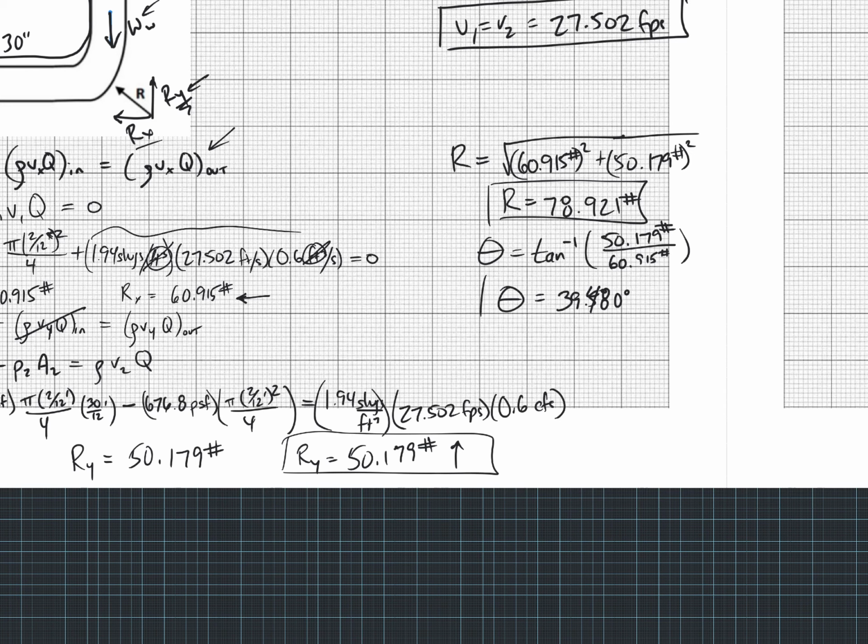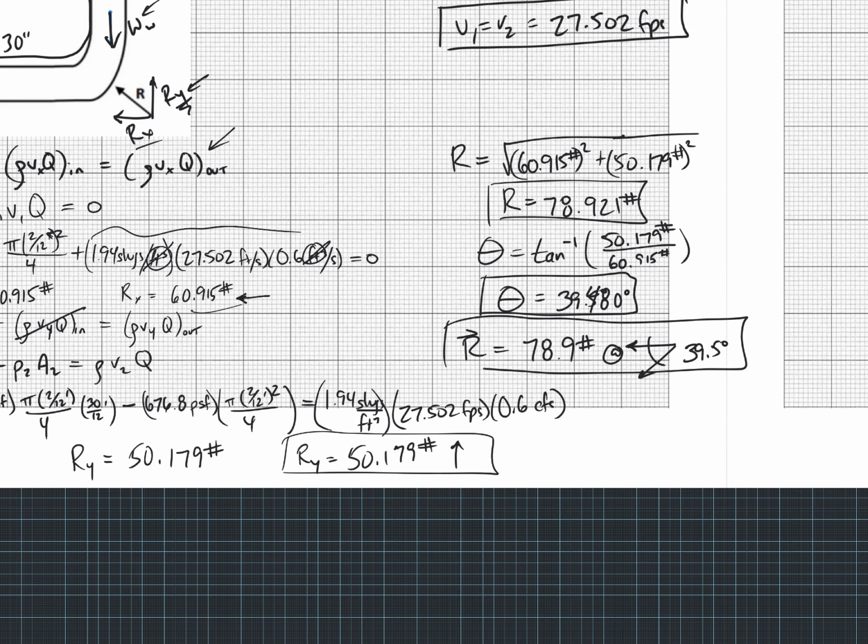So then your final answer here is R equals 78.9 pounds at, so this angle right here, well, that's 50 up and 60 to the left. So we're going to measure this from the left. It's going to be like that. Okay, 39.5 degrees. Okay, and there's your answer.